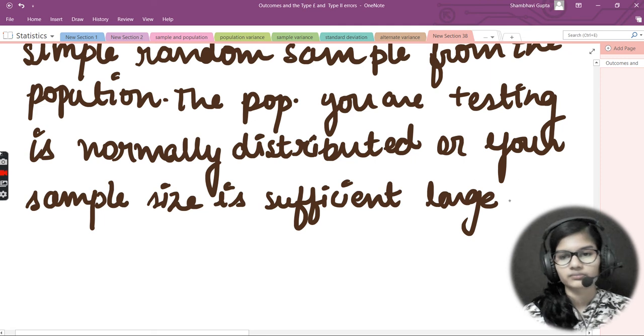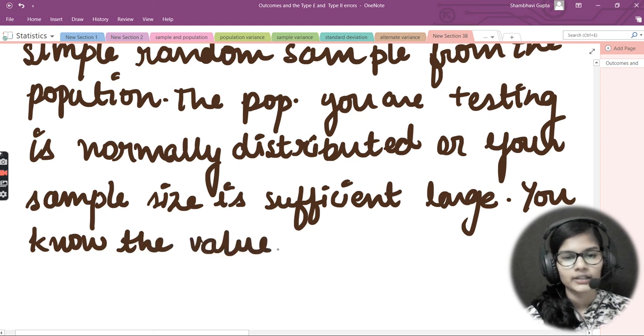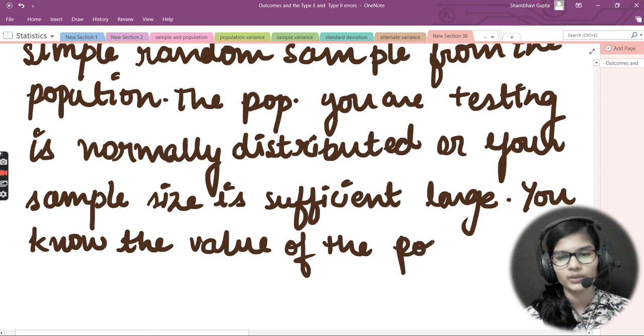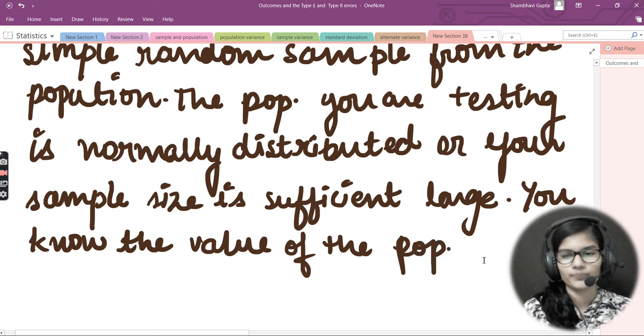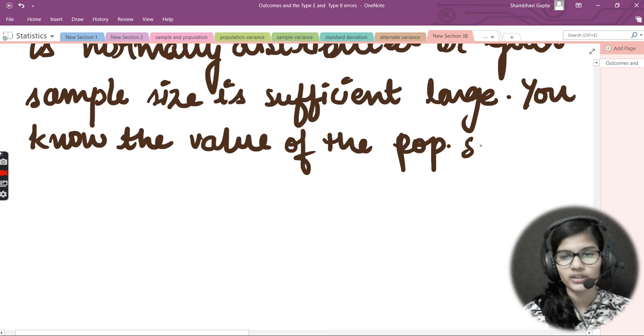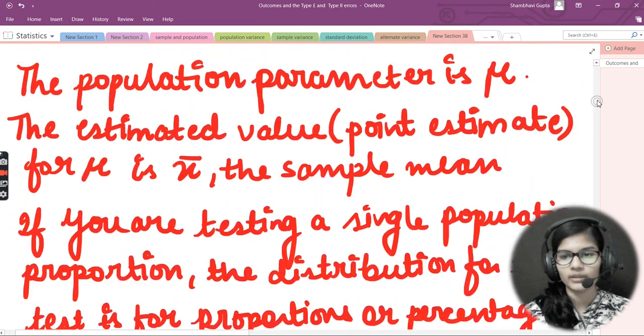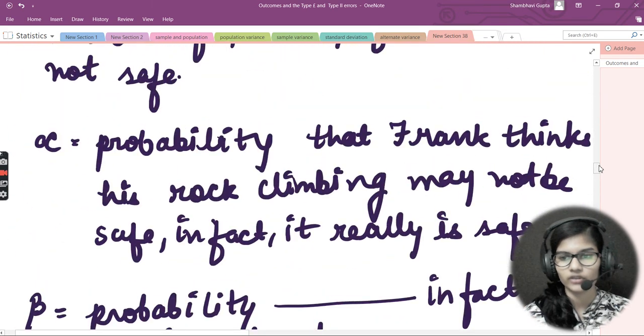Now basically, what do we know? You know the value of the population standard deviation, right? Let me come above and take the scroller from here.